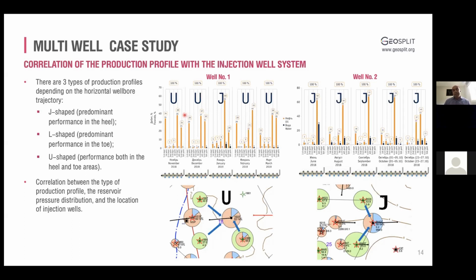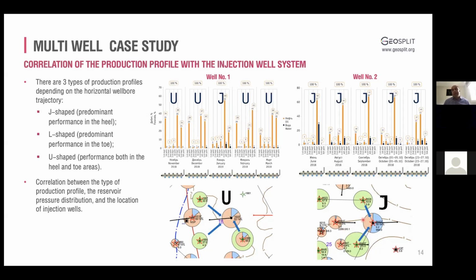Obviously, in projects where you have enhanced oil recovery, the clients started using this data to relate the efficiency of surrounding injectors. So the first hypothesis that they got just observing the production profile is that the surrounding injectors are supporting only the heel and the toe in a U profile, or the heel only in a J profile.